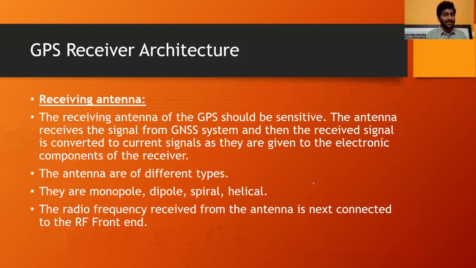Let us see what the receiving antenna is. The receiving antenna, as you know, is the antenna of a GPS, which should be very sensitive as it acquires a certain signal. This antenna receives the signal from the global navigation satellite system, and the received signal is converted into an electrical signal.